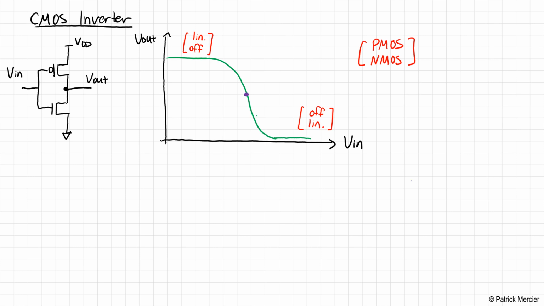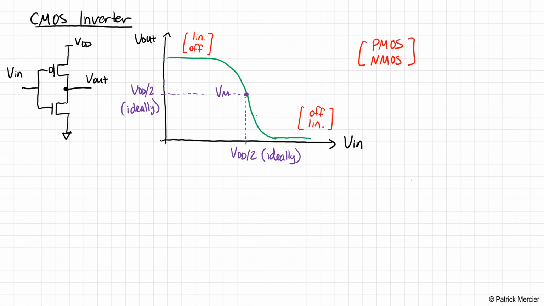This is what we're going to call VM. Ideally, this happens at VDD over 2, and likewise, this would happen at VDD over 2 at the output if we were to size our device perfectly.